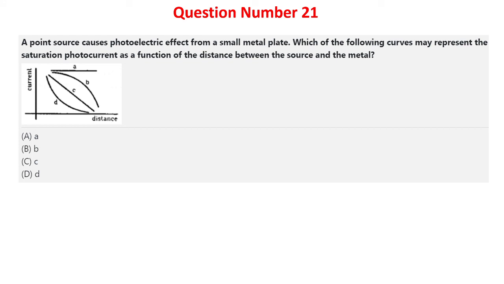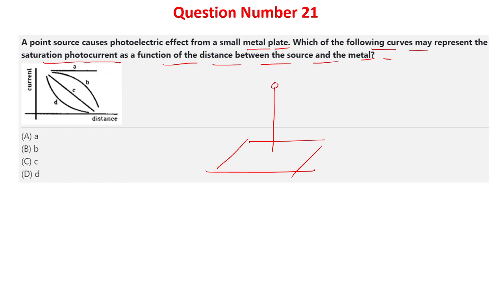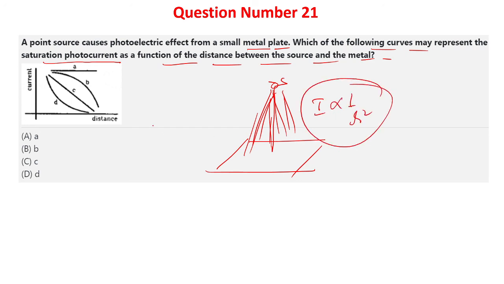Question number 21. A source causes photoelectric effect from a small metal plate. Which of the following curves represent the saturation photoelectric current as a function of distance between source and the metal? The intensity of a source reaching a surface is inversely proportional to the square of the distance, and photoelectric current is proportional to intensity.